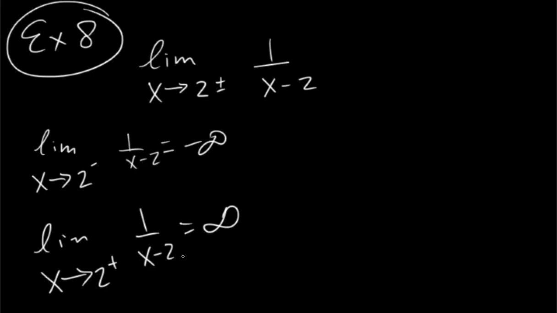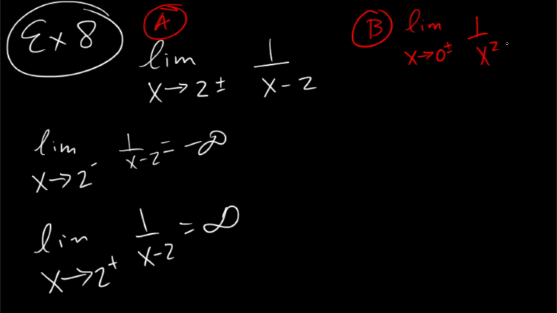That was part A, and now part B of the same one. The limit as x approaches 0 from the positive or the negative side of 1 over x squared. Let's graph that.